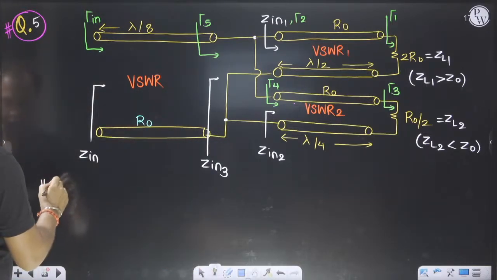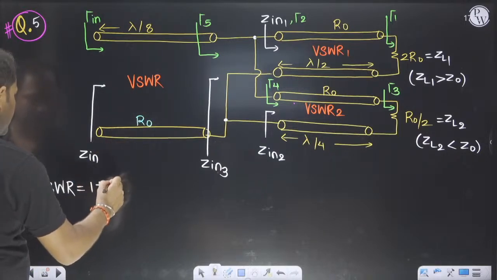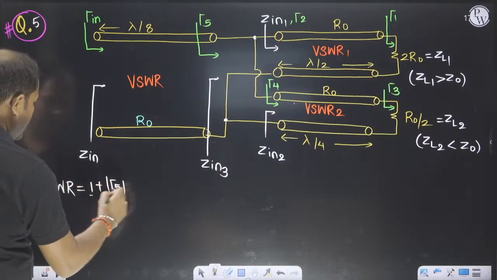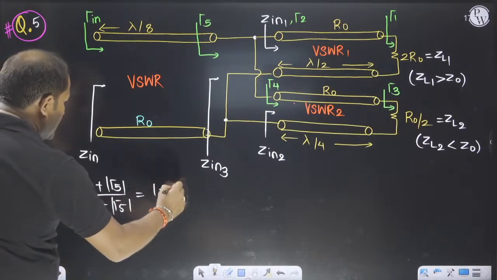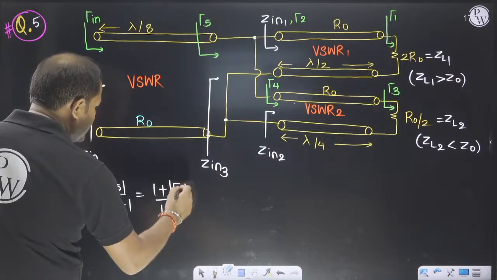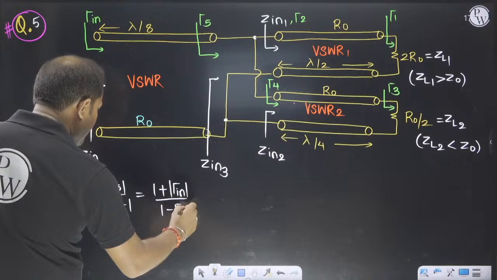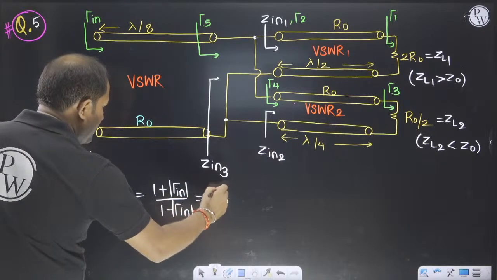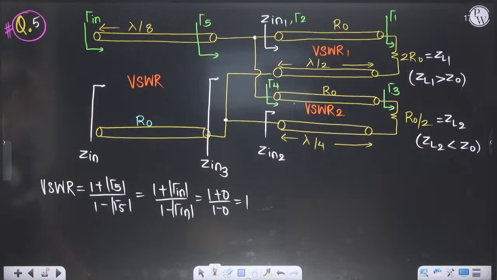Or you can use VSWR equal to (1 plus gamma 5) upon (1 minus gamma 5), or (1 plus gamma 6) upon (1 minus gamma 6), gamma in. So 1 plus 0 over 1 minus 0 is 1. Matching condition, 1.